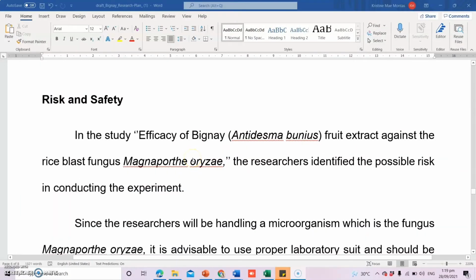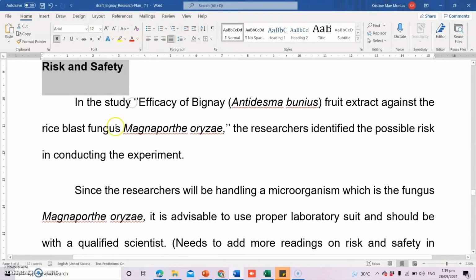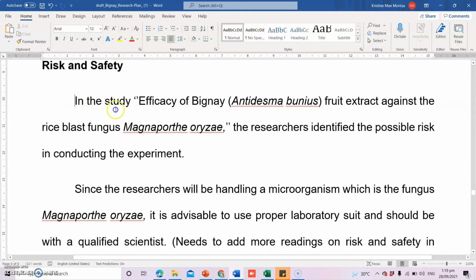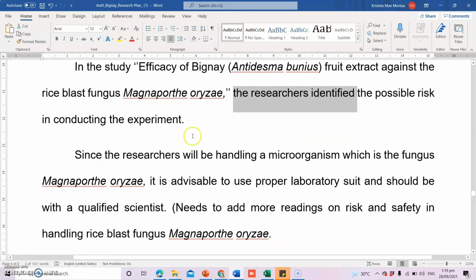So, kailangan isulat din natin siya. For this part, you have to write risk and safety. Look at this example. In the study efficacy of bignay fruit extract against the rice blast fungus, the researchers identified the possible risk in conducting the experiment. At hindi lang sinabi na na-identify ng researchers yung mga possible risk. Kailangan iisa-isahin nyo dun, ano ba yung mga possible risk na yon?